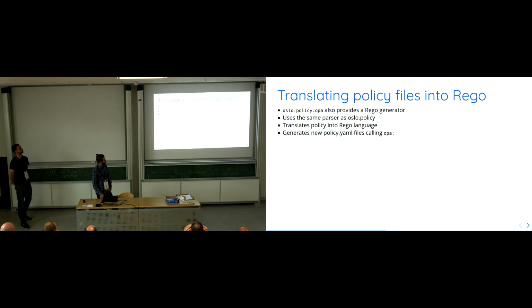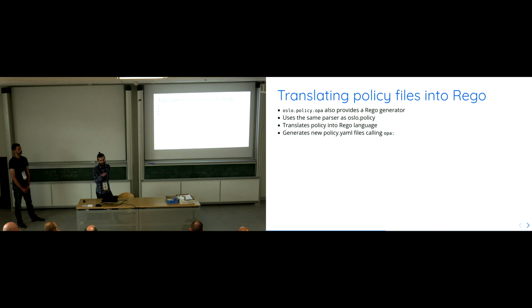Translating policy files. We have also written a generator that takes the policies from the source code of the services and generates Rego files out of that. So technically for you, there is nothing to do. You have your templates, which you can then extend and add additional possibilities, which is basically a one-time job. But it is still very tedious to write those policies explicitly.